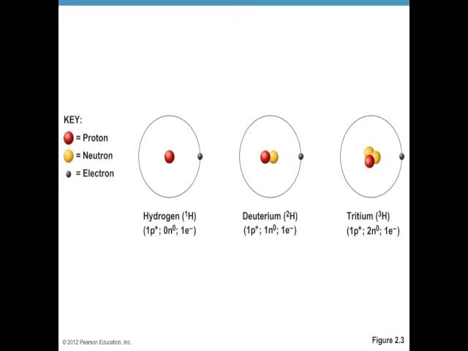Now, if you look on your own periodic table, you'll notice that hydrogen's atomic mass is not listed as 1. It's usually listed as 1.3 or 1.8, I think is what's often listed. The book shows all this as well. What's happening is that the most common hydrogen is somewhere between H1 or 1H and 2H.